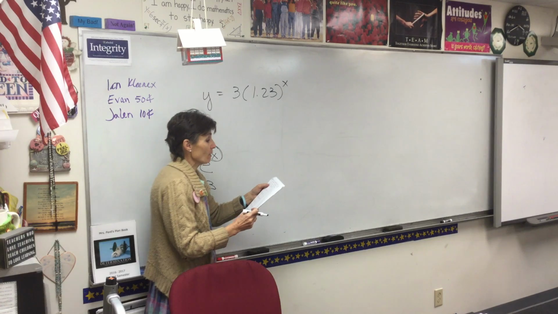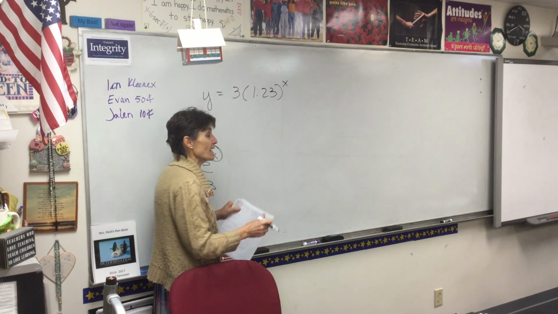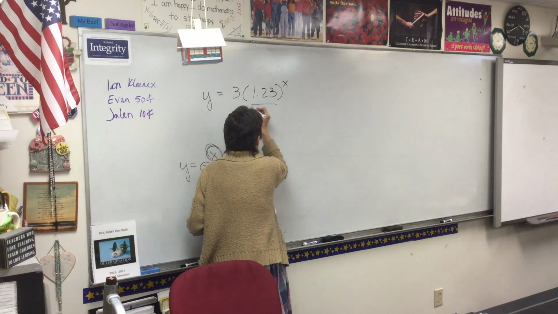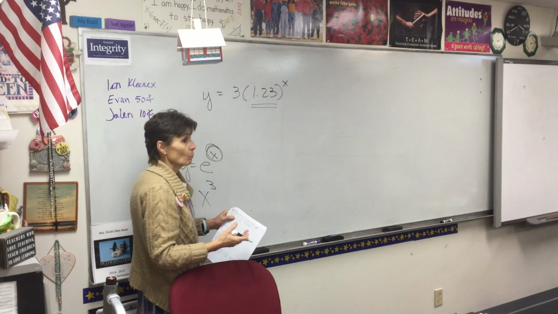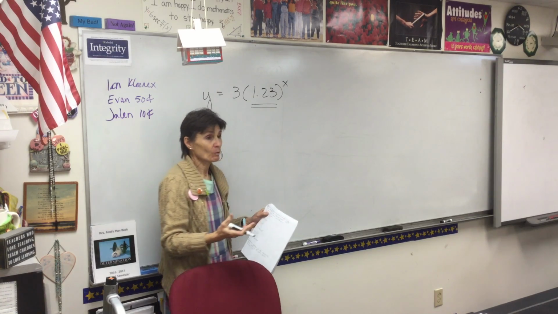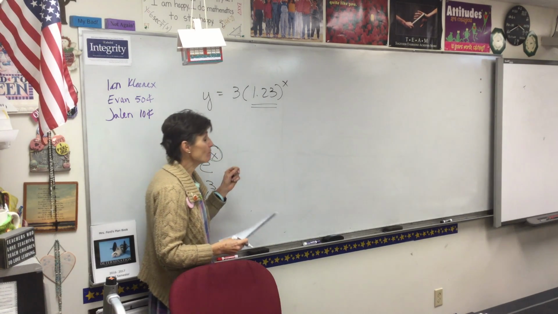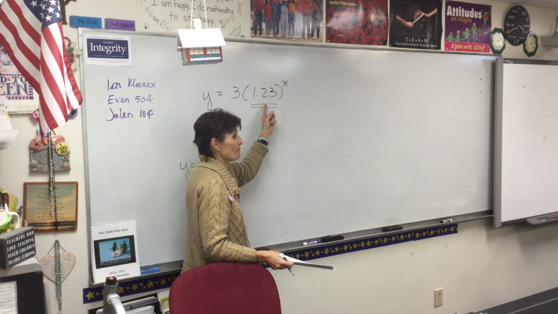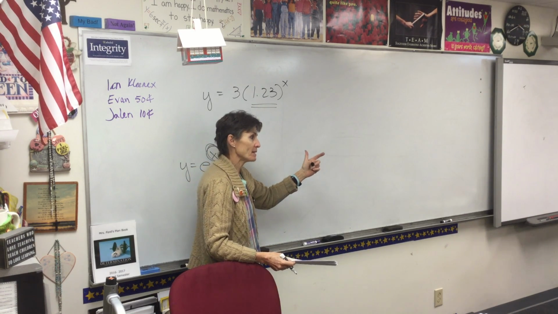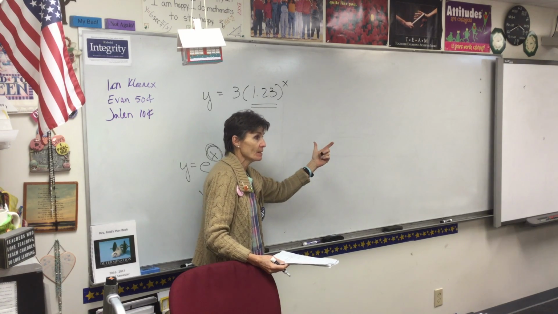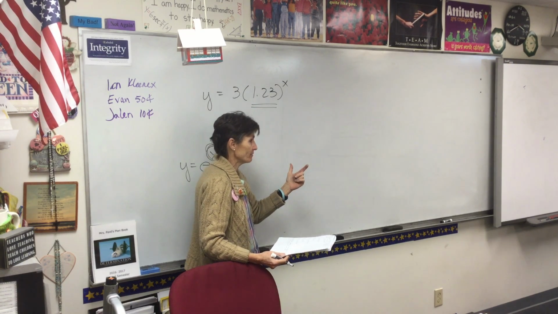Okay. Now, state if it is growth or decay. The number that has the exponent, we call it the base. We're multiplying by powers of that number. If you multiply by something bigger than 1, you get bigger, right? Think about it. If I multiply by 2, I get bigger, right? What if you multiply by 1/2?